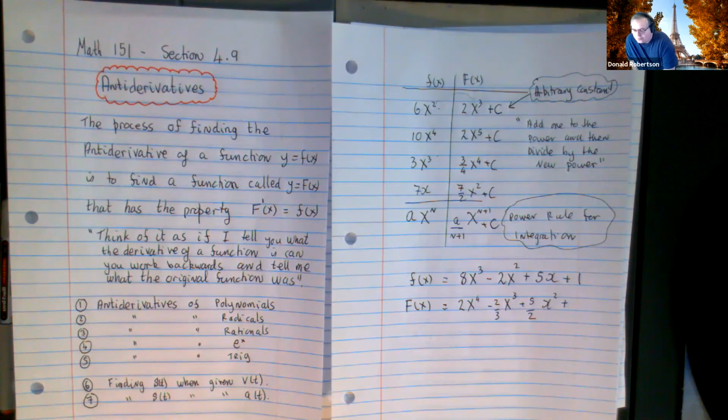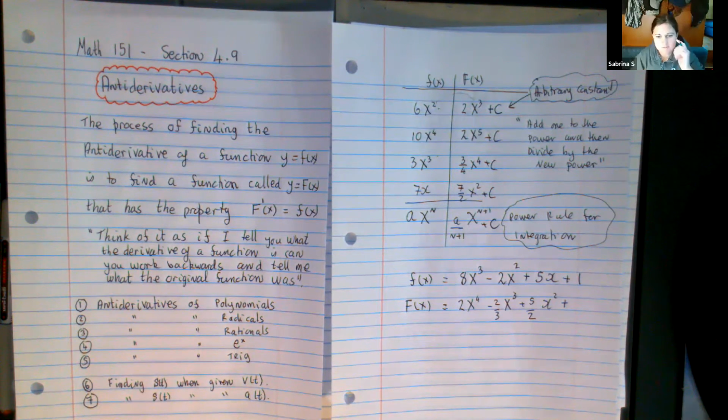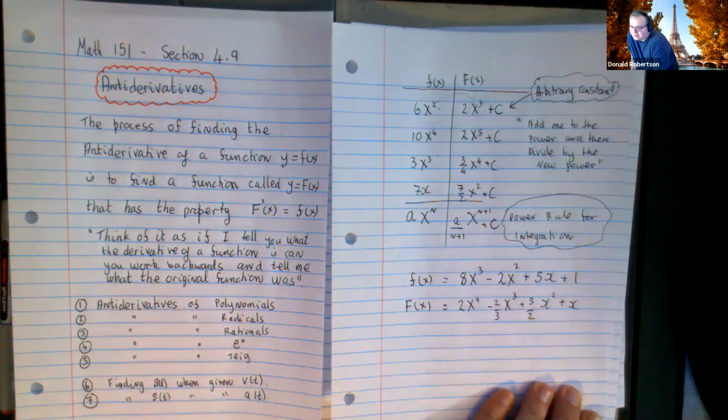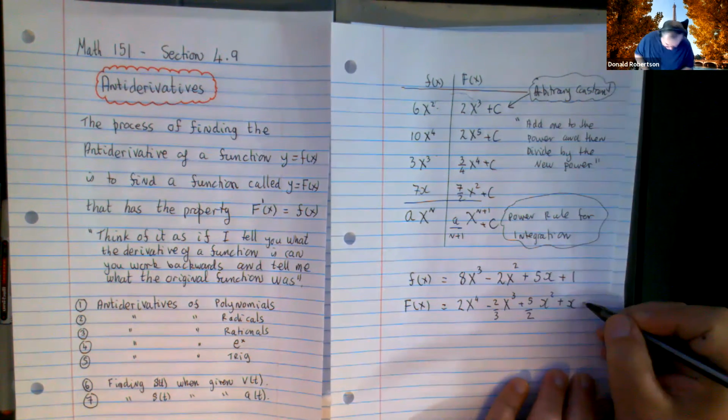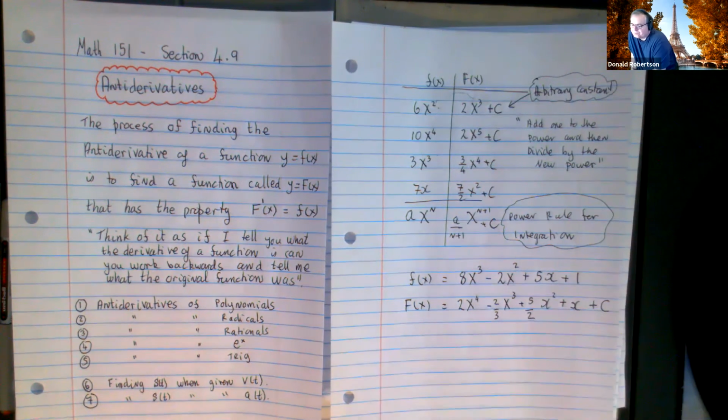What do you think the antiderivative of the number 1 is? It's x. It's just x, 1x. And isn't plus 5 plus 5x, and minus 2, its antiderivative was minus 2x. And don't forget, it's plus c.